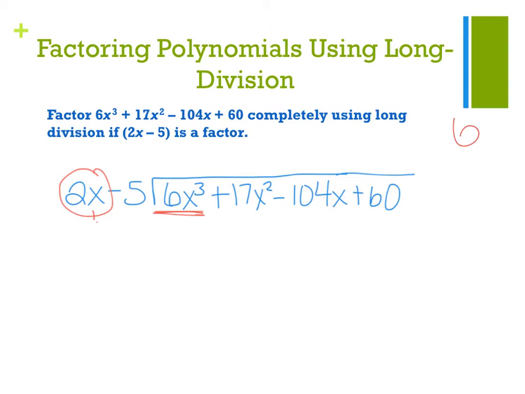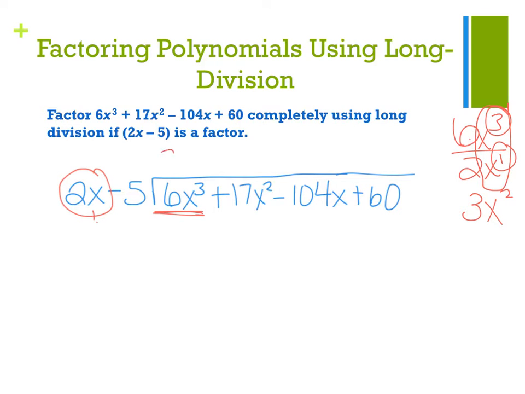If you take 6x cubed and divide it by 2x and use your properties of exponents, well, first of all, 6 divided by 2 is 3. X cubed divided by x, using our properties of exponents here, would leave me with x squared. Remember that if you are dividing like bases, then you subtract your exponents, which would leave us with x to the second power.